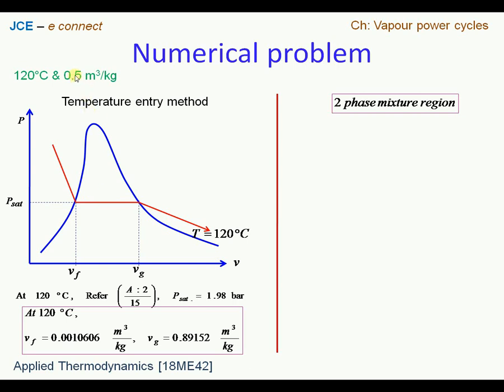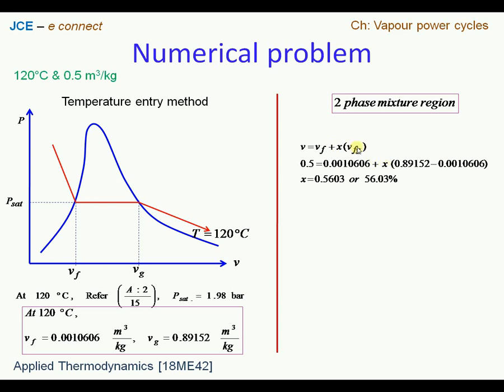Since the specific volume is given to us, we can use the relation which is applicable inside the dome, that is V equals Vf plus x into Vfg. So we are going to apply that. V equals Vf plus x into Vfg, where the given specific volume is 0.5 meter cube per kg, the Vf value we got from the data table, plus x, which we don't know, is the unknown term.